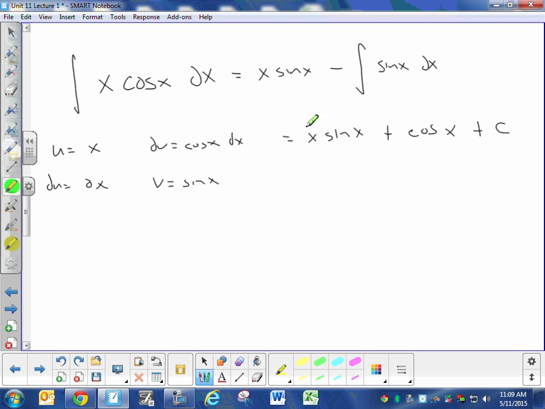We should have gotten x sine x plus cos x plus c. Fairly simple.